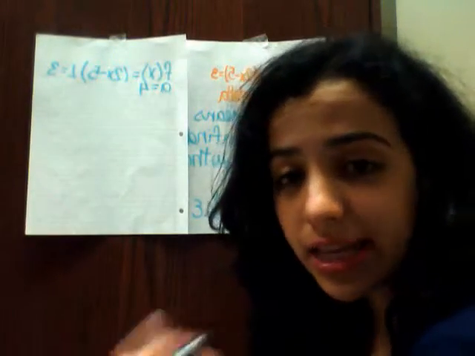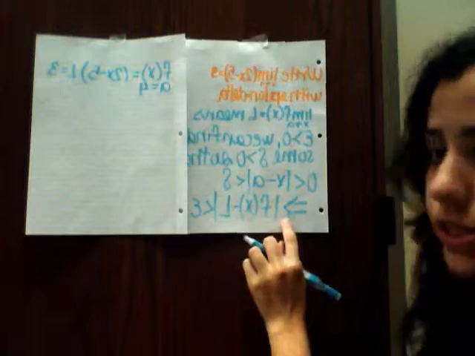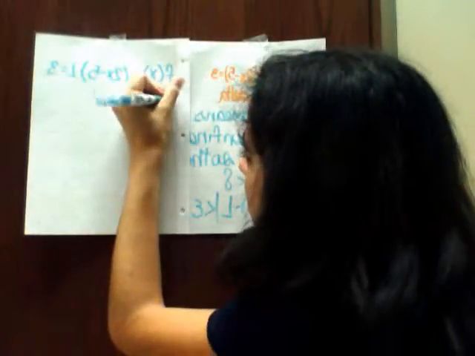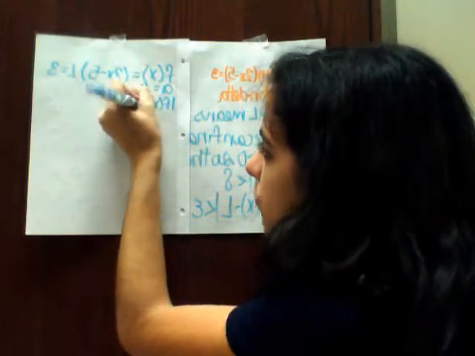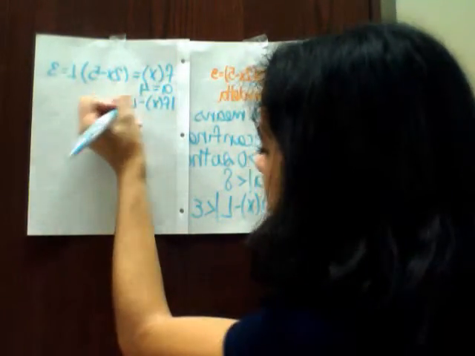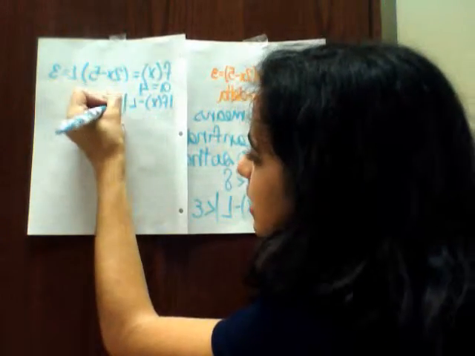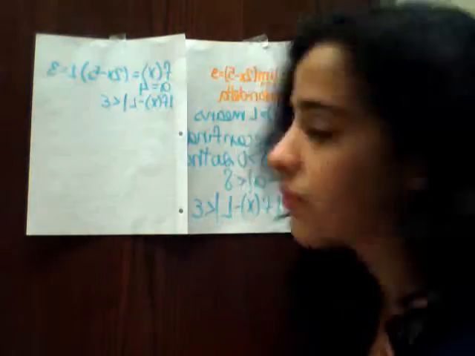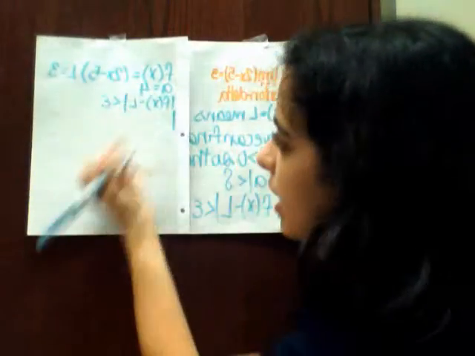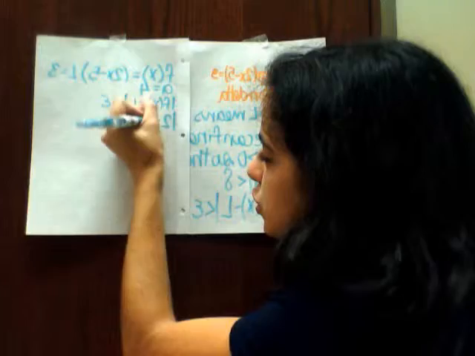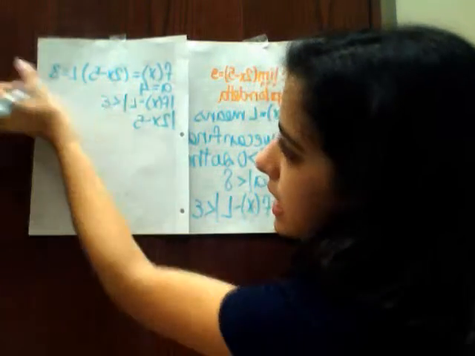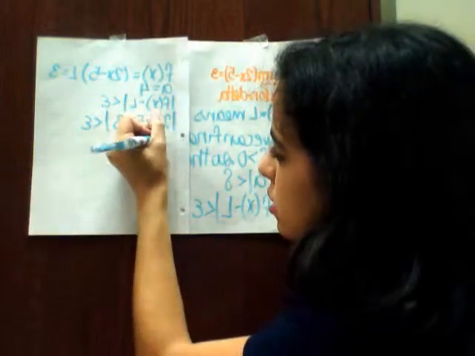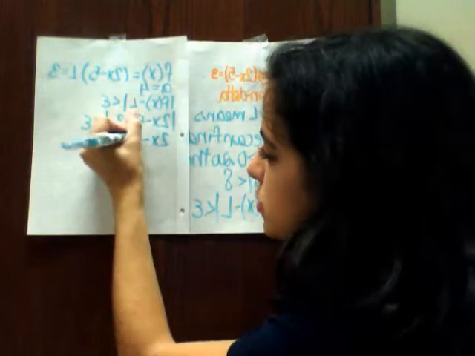And now we insert into the equation, using this definition first, which means that the absolute value of f of x minus L is less than epsilon. And so we solve by inserting the values. f of x would be 2x minus 5 minus L, which is 3, less than epsilon. We subtract.